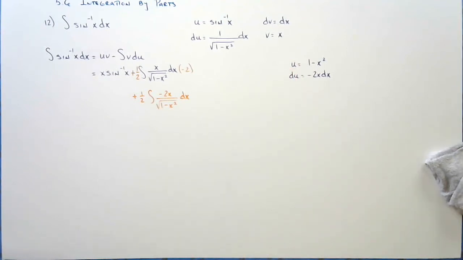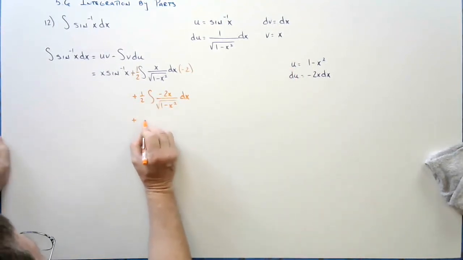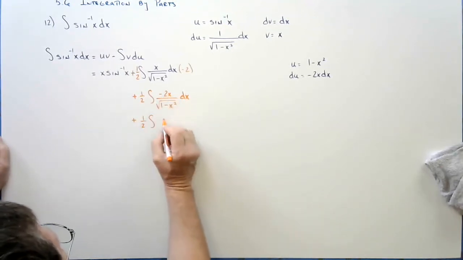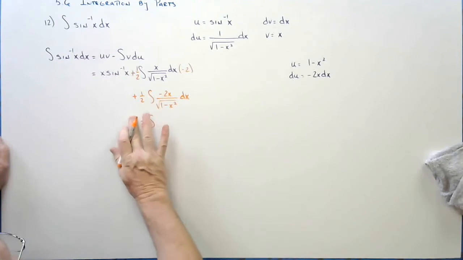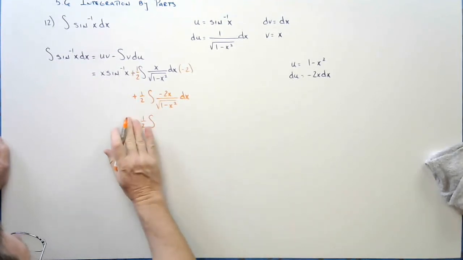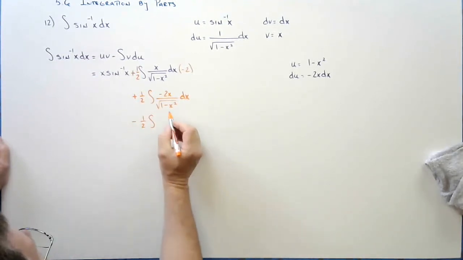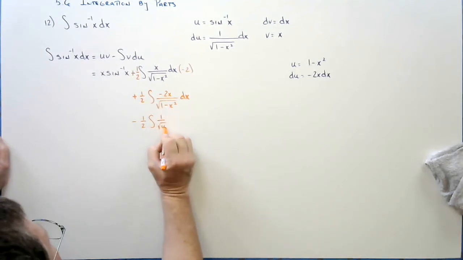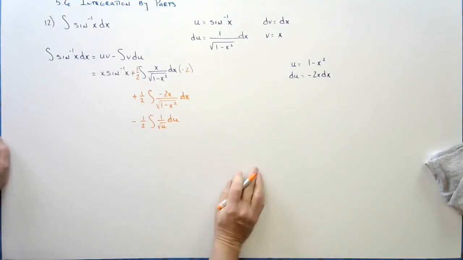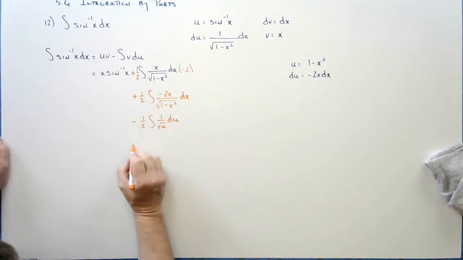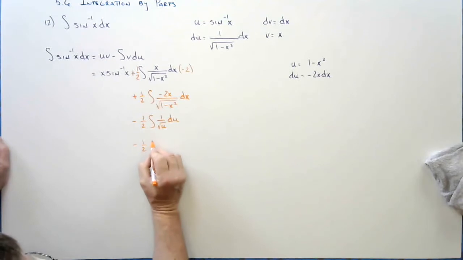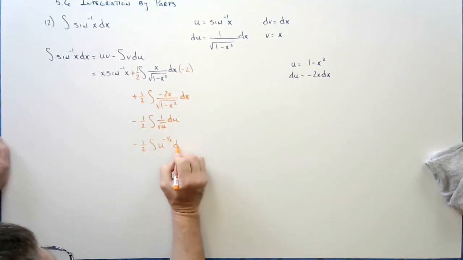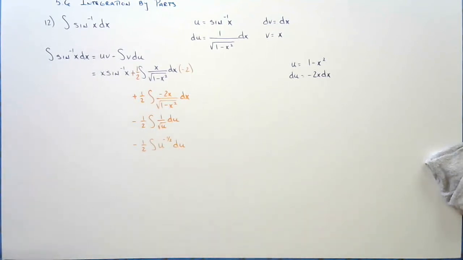And so this integral transforms itself when we do our u sub into 1/2 the integral, and this is going to be du. We can put that negative out front now, and we're going to have the integral of 1 over the root of u du. But we know that to be minus 1/2 the integral of u to the minus 1/2 du.